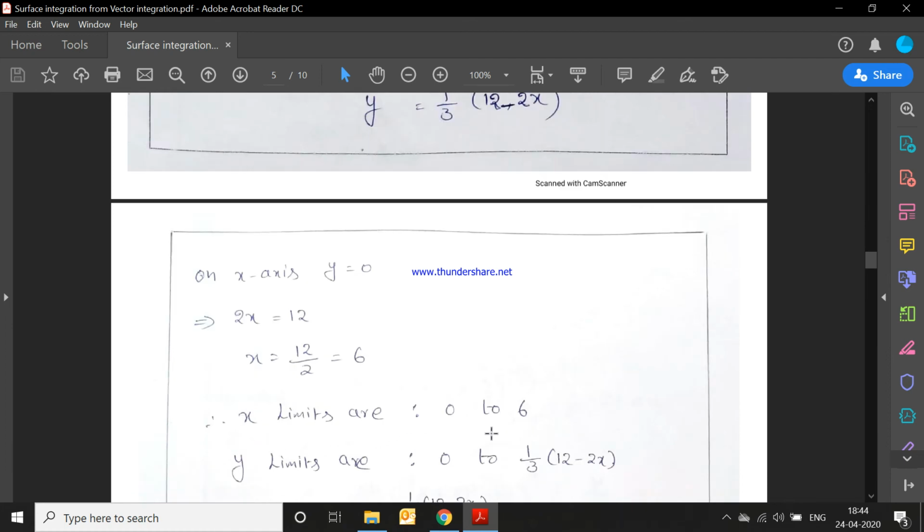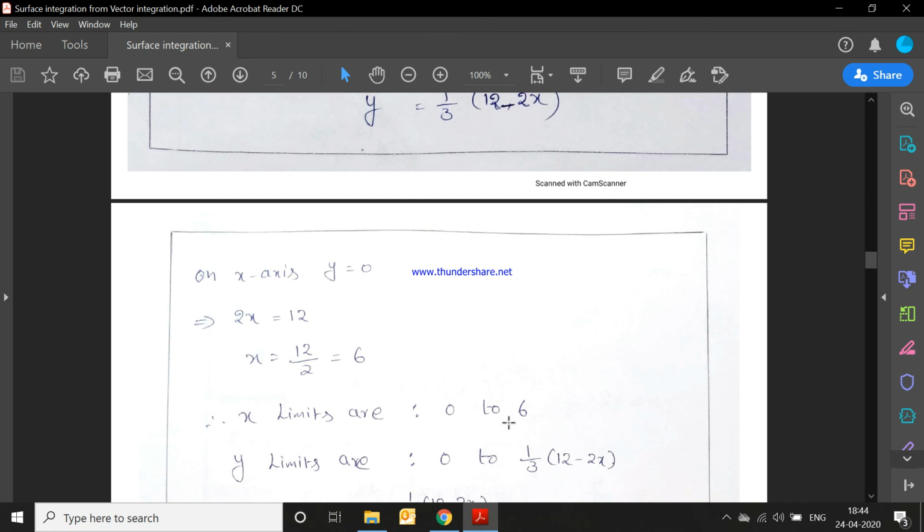Why do we consider the lower limits as zero? Because of the projection on the xy plane. On the xy plane, the limits start from 0 in x, so that's why 0 to 6, and y also, the projection on the xy plane, so y also starts from 0 to 1 by 3 into (12 minus 2x).